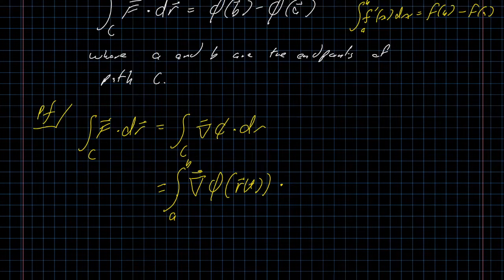And then dr is, of course, r prime of t dt. So using the chain rule and a substitution, if r is a function of t, then dr is r prime of t dt. It's just a u substitution using r and t instead of u and x.